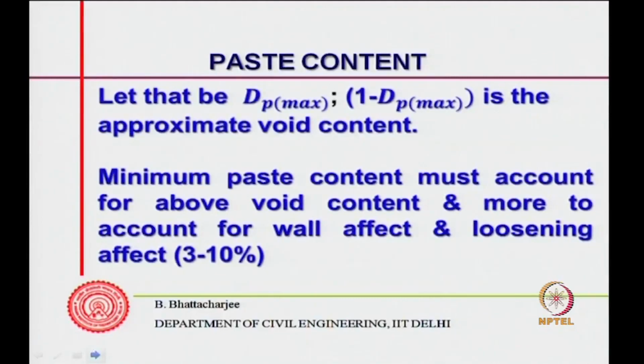So, let us say dP max is the maximum packing density. So, 1 minus dP max is the approximate void content in the mix if I mix them. Well, actually the void content will be higher, because of wall effect and loosening effect.